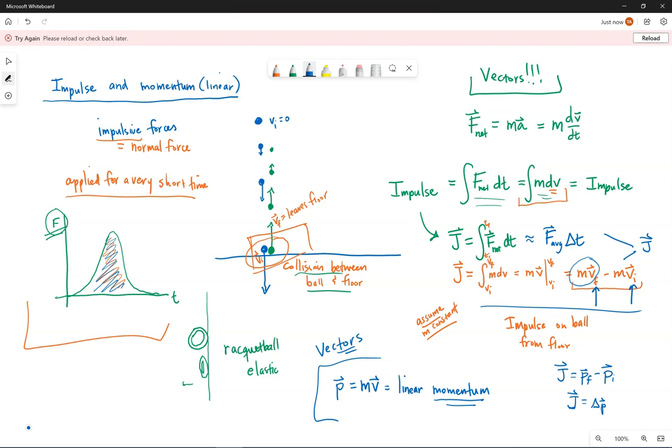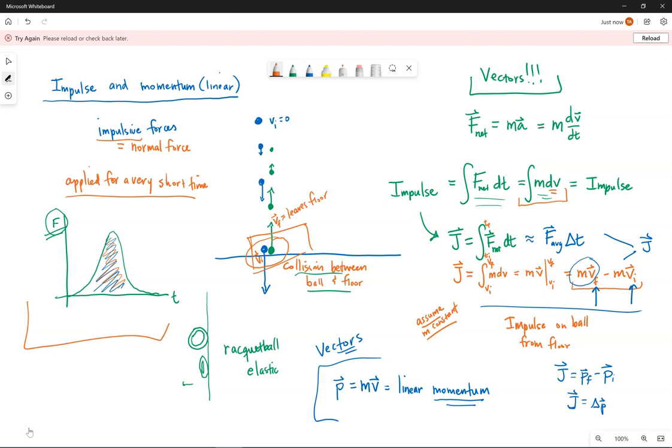We didn't have to worry about pointing to the right versus the left, other than figuring out if work was positive or negative. Momentum is a vector, which means we have to write it in terms of x and y components and work with those components to do calculations, which is fine. We know how to do that. We just have to often refresh our memory at this point.